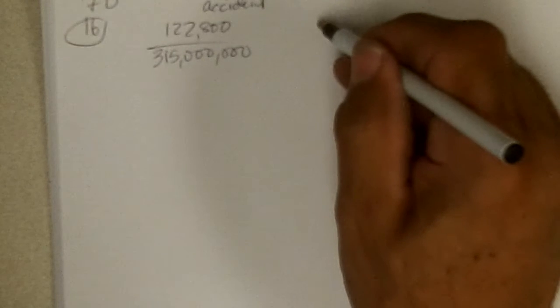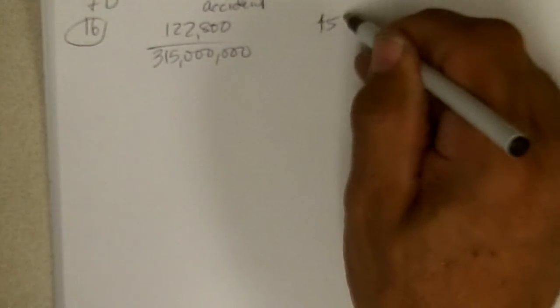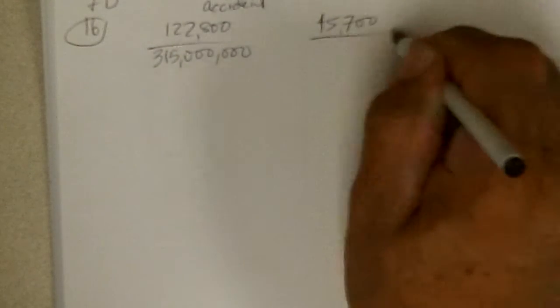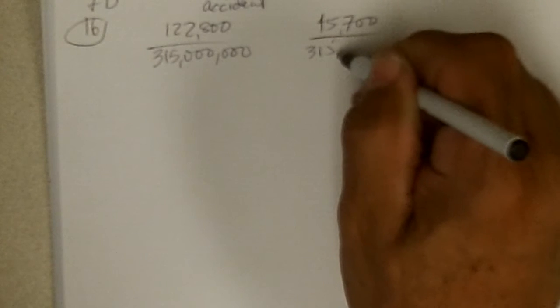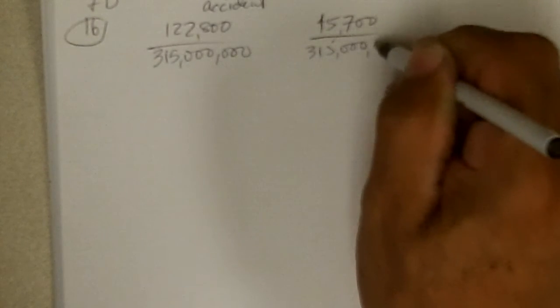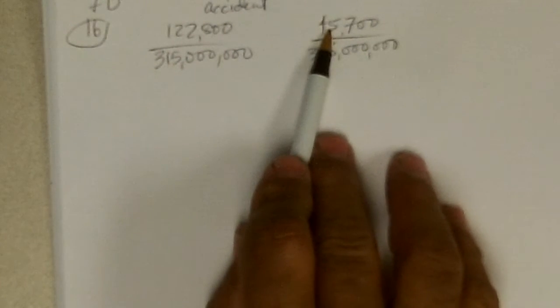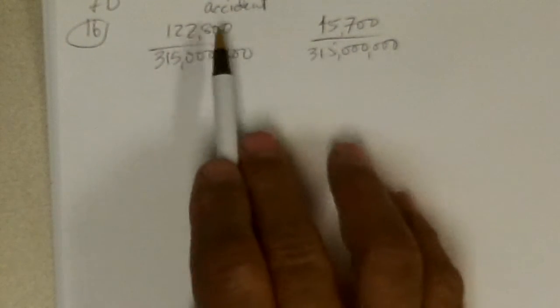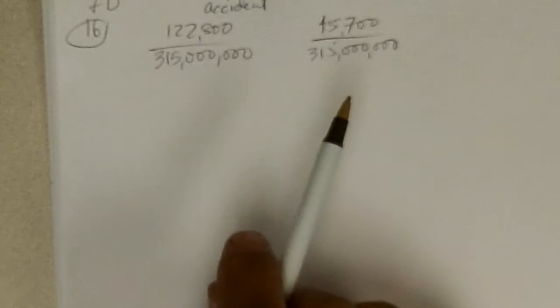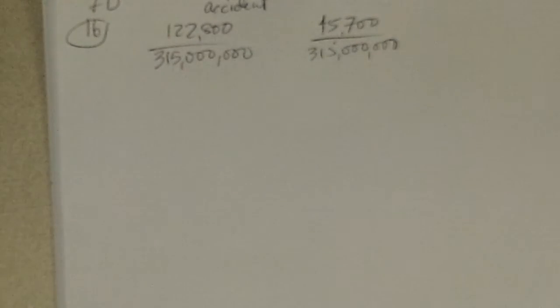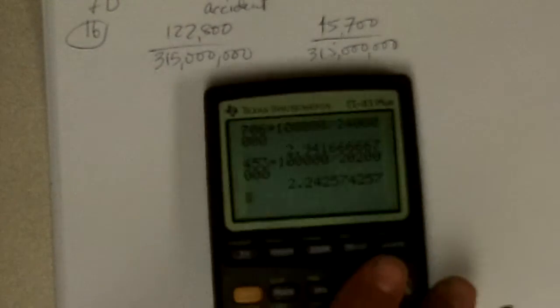Kidney disease is 45,700 over 315,000,000. But just kind of looking, 45 doubled is 90. So this is more than twice as likely, like 2.5 times as likely.